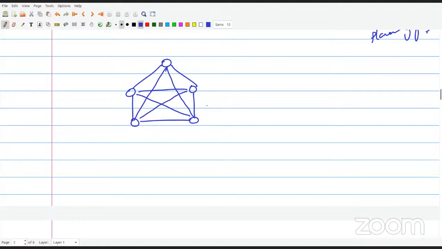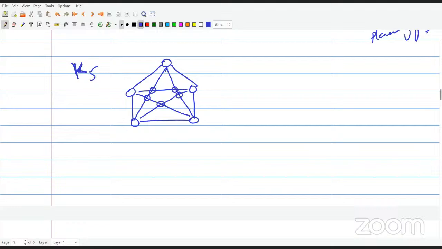Again, this is a complete graph with 5 vertices. You can check, if you pick any 2 vertices, there will be a direct edge connecting them. So this is called K5, the complete graph with 5 vertices. Now if you see this K5, there are so many intersection points.